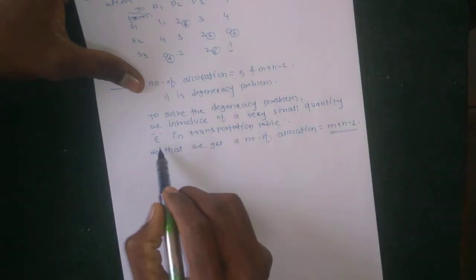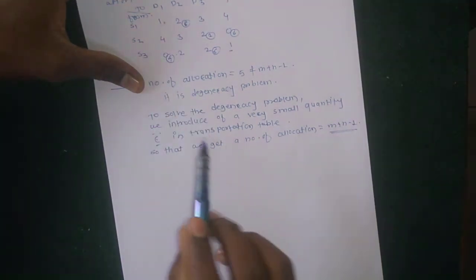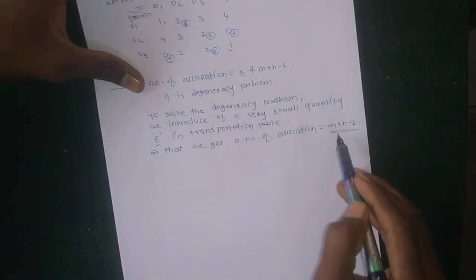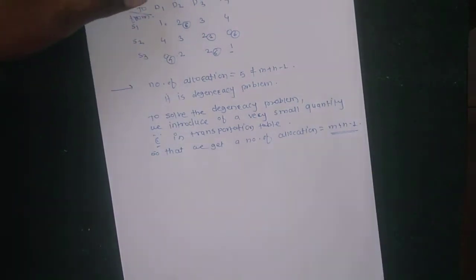Why is epsilon allocated in the given problem? Because we get the number of allocations equal to m plus n minus 1.